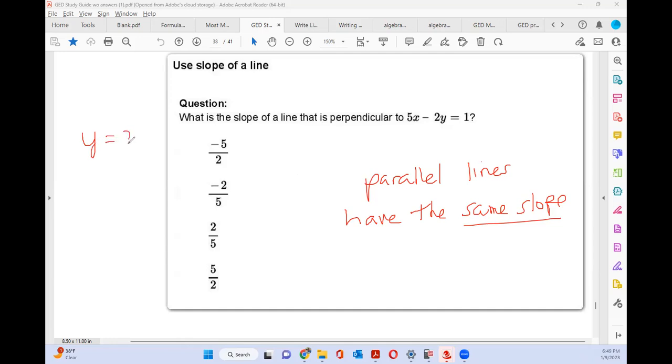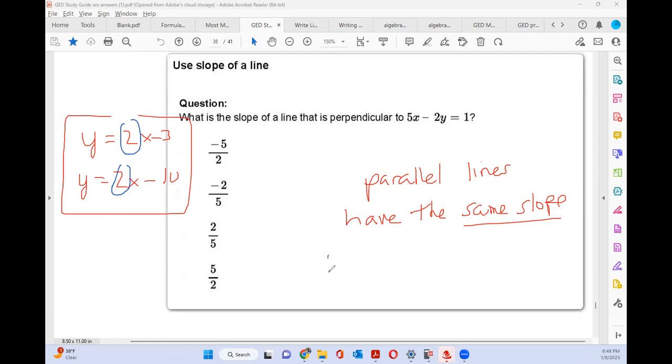So y equals 2x minus 3 and y equals 2x minus 10 are 2 parallel lines. Why? Because the slope of both of these equations is 2. Does everybody understand that? Okay, so if you know that, because they're going to ask you either about a parallel line or a perpendicular line.